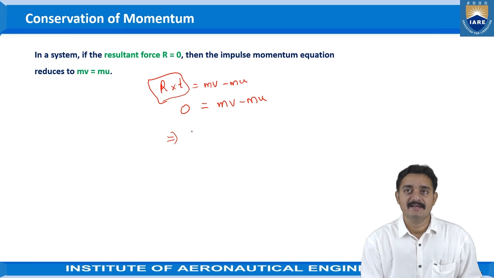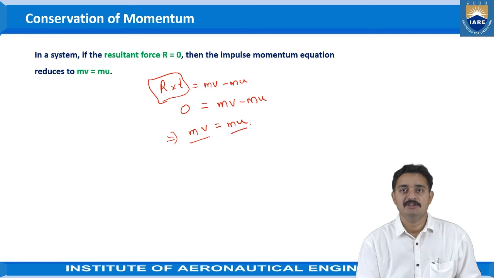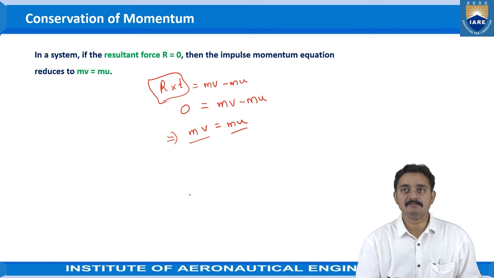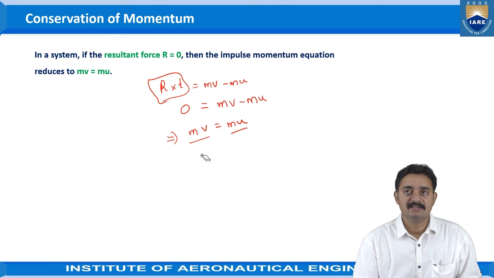This can be implied as mv is equal to mu. So with this we can say that the final momentum is equal to the initial momentum. Now we have ended with the result that final momentum is equal to initial momentum.